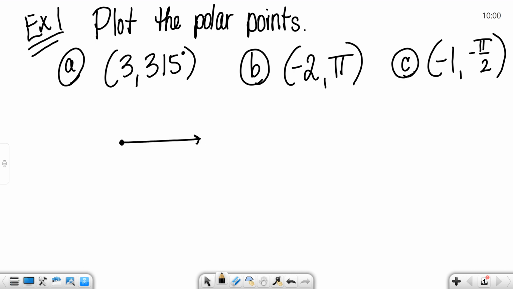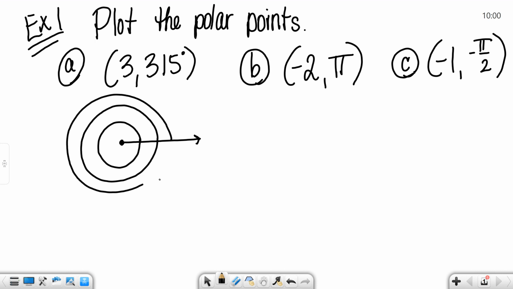Since my r value is 3, I'm definitely going to be on the third circle, so I'm going to draw 3 of them. I'll be on the third circle at 315 degrees. If I start on the polar axis and go all the way around to 315, that would put me about right here. So there's my point, 315 degrees.